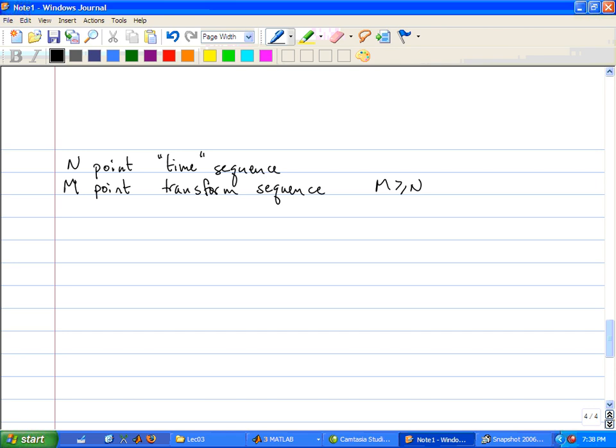So let's think about Das's question a little bit. The book states that this is sort of like the basic rule: M is greater than n. So before we talk about why that's the case, let's talk about how we actually get that to happen. So let's say that I give you a 3-point sequence, and I ask you to take the 10-point FFT of that. How do I do that?